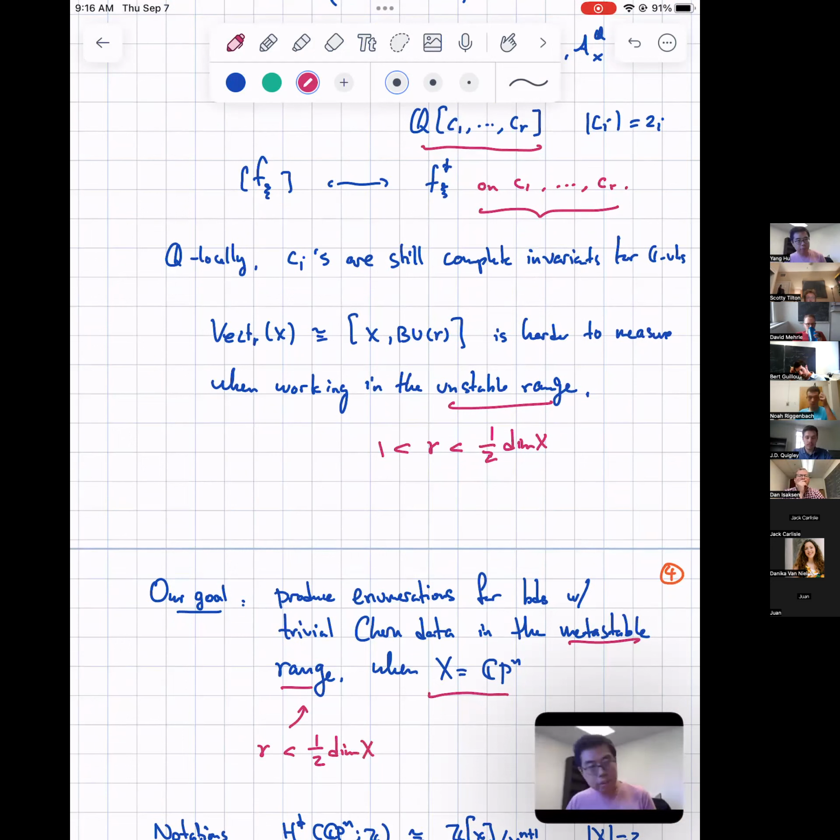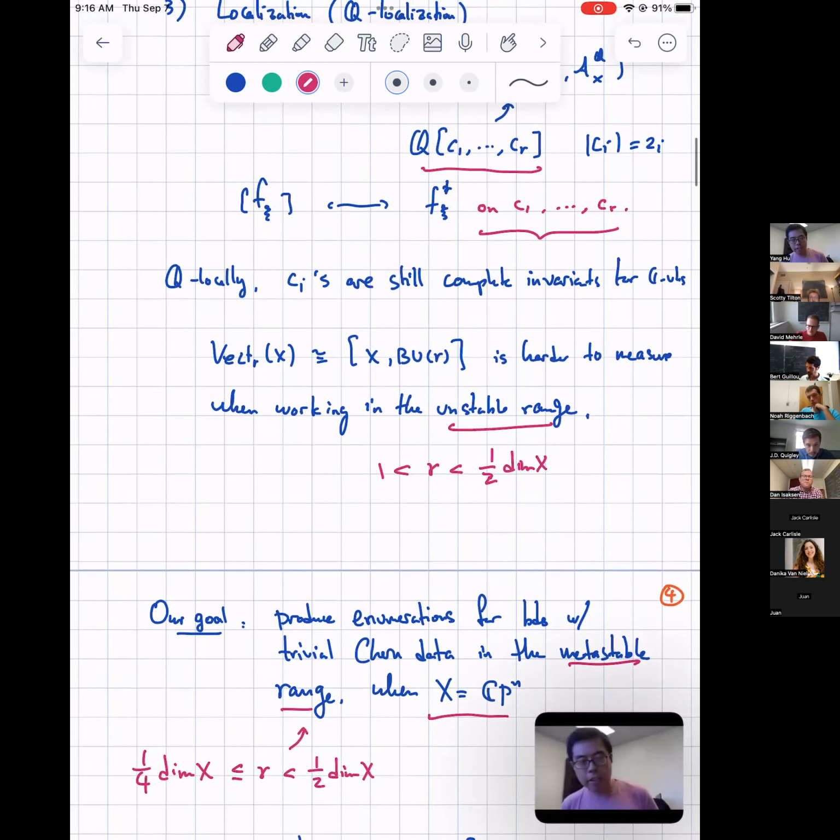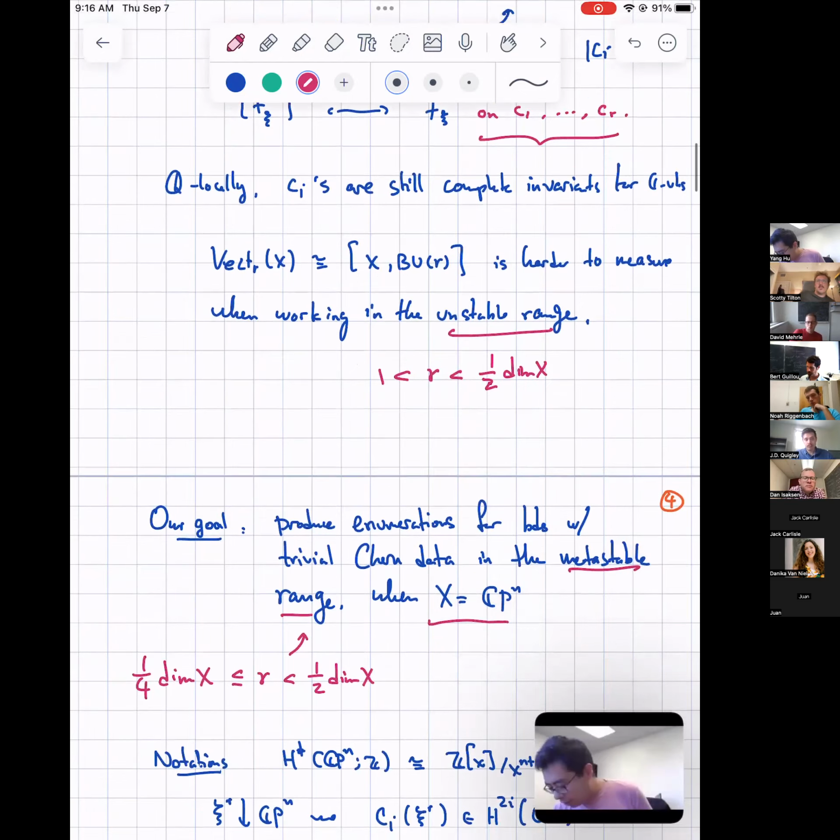So again, it's unstable, but it's not too unstable, in the sense that R is greater than or equal to 1/4 of the dimension. This is what we mean by the metastable range. Okay, is everything clear so far? Any questions? Cool. So let's fix some notation.